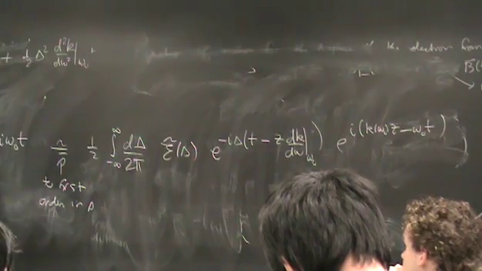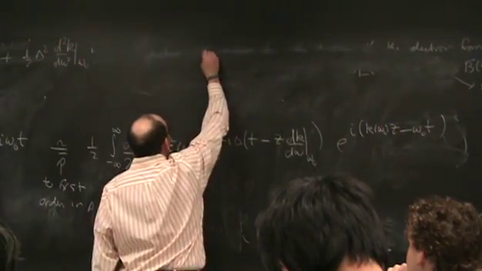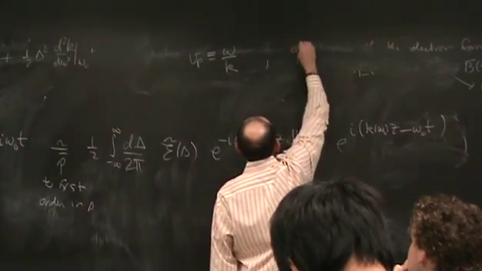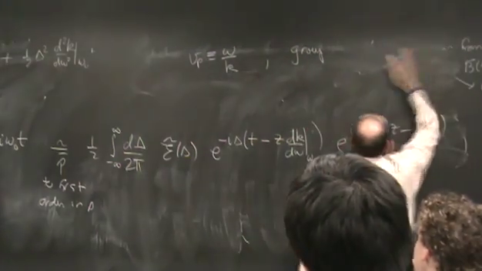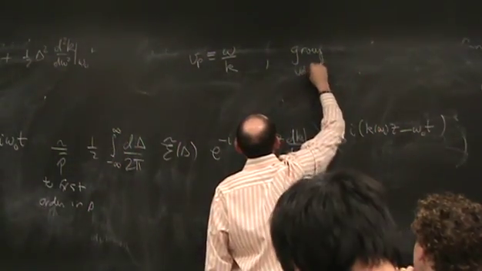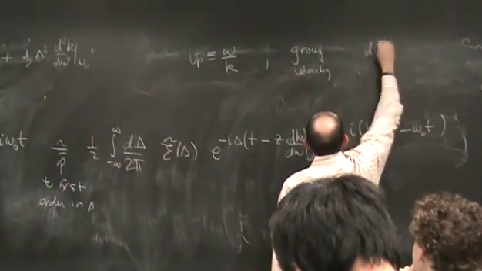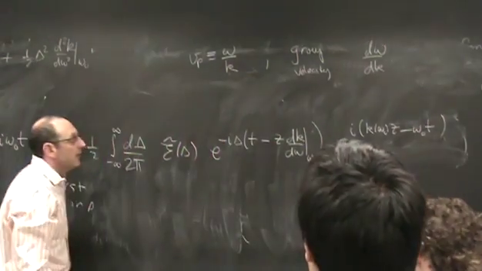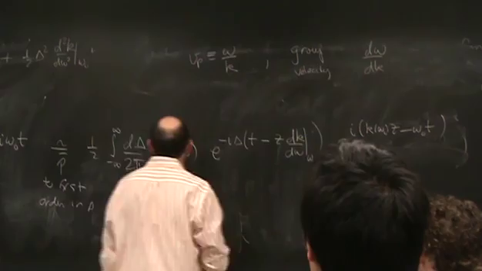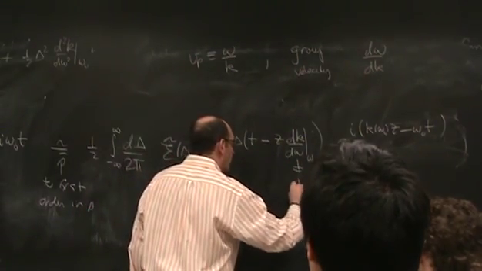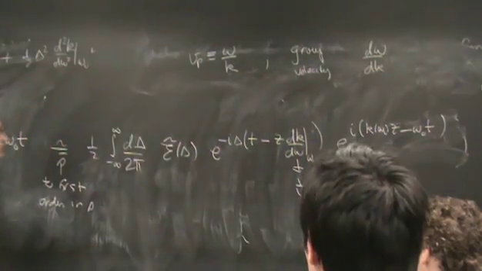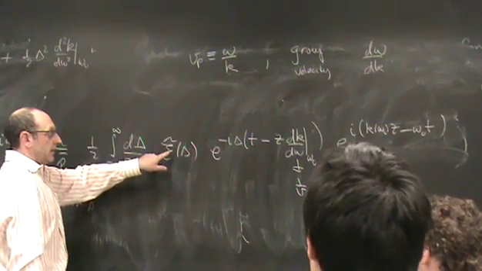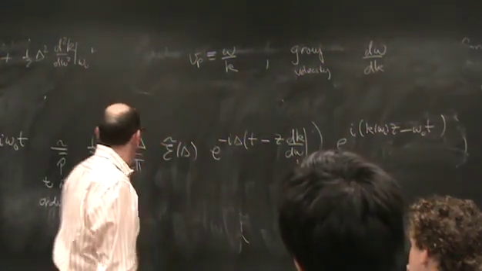And thus we see that, if we recall, the phase velocity was defined as omega over k. We define the group velocity as the derivative of omega with respect to k, which is generally different if we have a nonlinear dispersion relation. This is equal to 1 over the group velocity at that frequency. And this is nothing more than the inverse Fourier transform evaluated at this point.